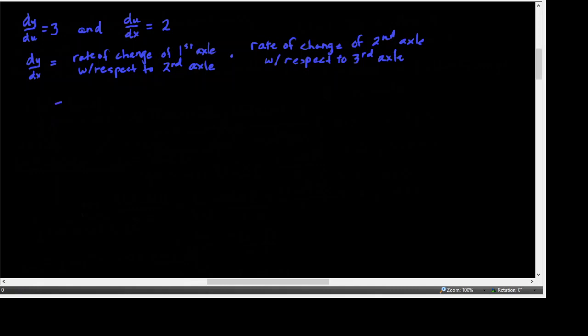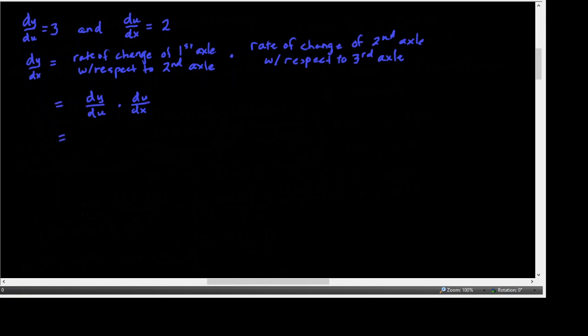Which is dy/du, the rate at which y is changing with respect to u, multiplied by du/dx, which is the rate at which u is changing with respect to x.